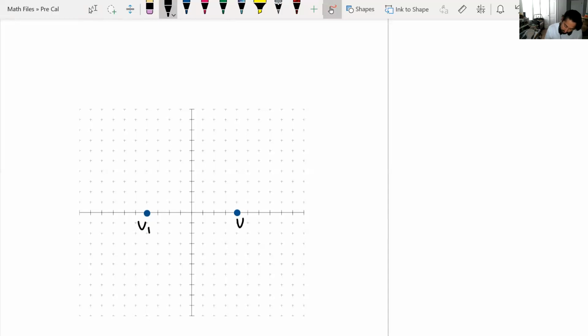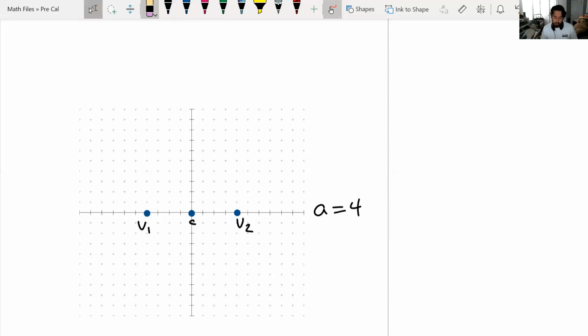Vertice 1, vertice 2, which means that the center is definitely right in between those two vertices. Okay, so there's our center. All right, one thing is for sure is that a is going to be 4.